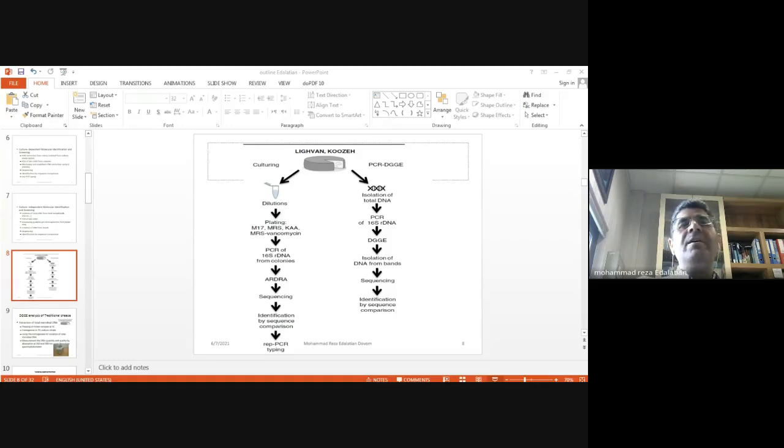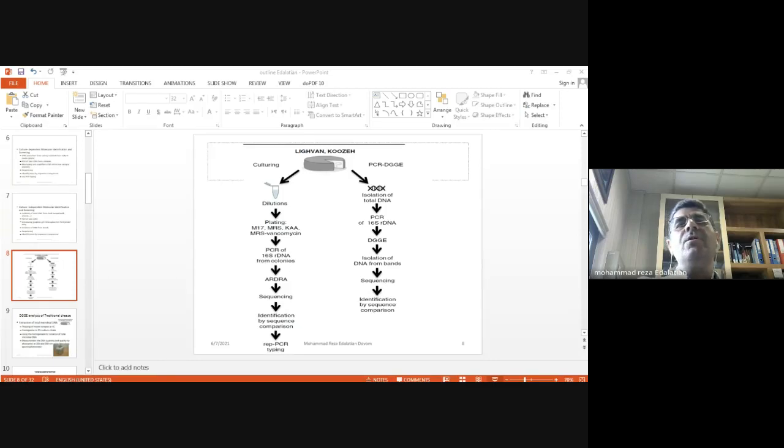And finally, we have measurement of the DNA quantity and quality by absorption at 260 and 280 nanometers using the NanoDrop spectrophotometer.